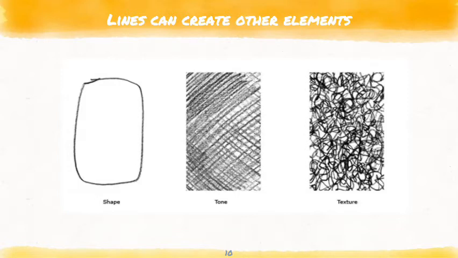So a closure produces a shape here. When you have lines that are close together, that is a closure, so it produces a shape, diba?